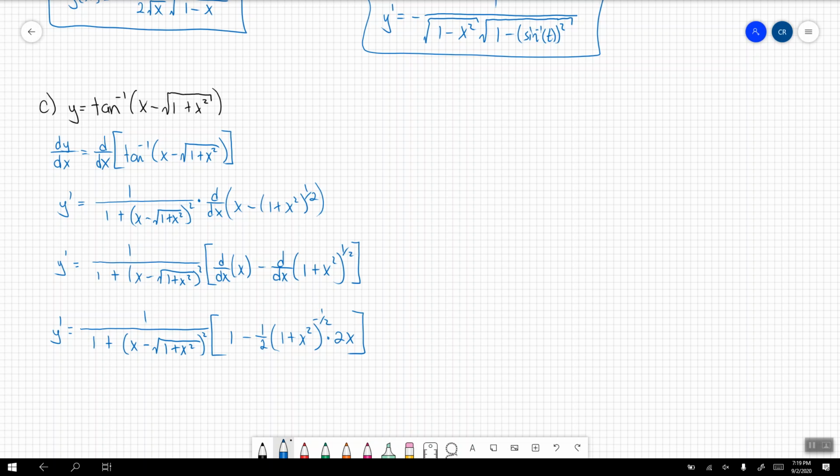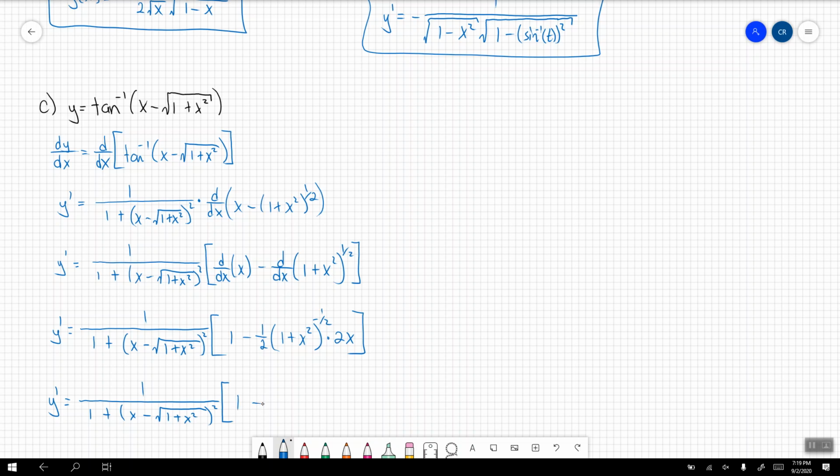All right, so everything's looking decent enough so far. So I have my y prime once again. Denominator (1 plus x minus square root of 1 plus x squared) quantity squared, divided by 1. There we are. And on the right-hand side, the factor that's multiplying this is going to be 1.